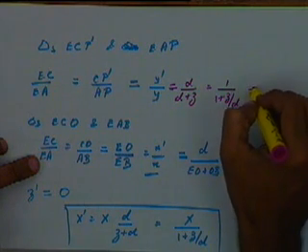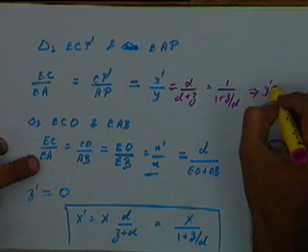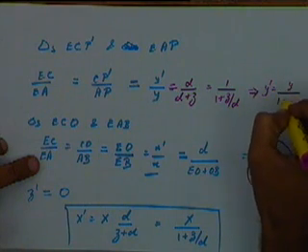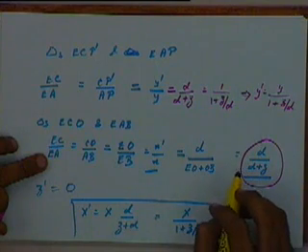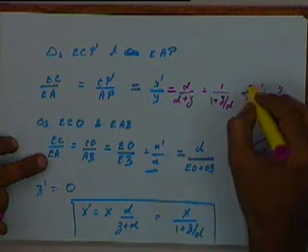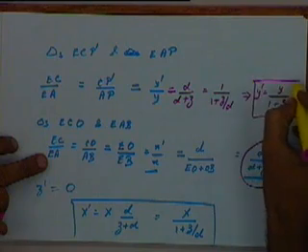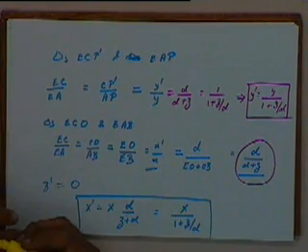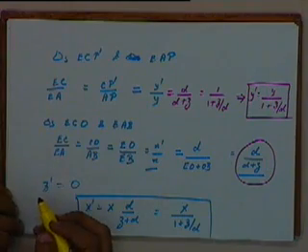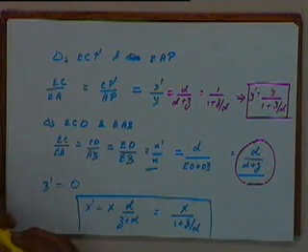And this implies y prime is equal to y divided by 1 plus z over d. Okay, so this is the second equation. Is that all right?